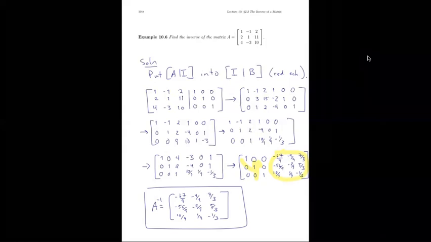For 3x3 matrices, we'll have two 3x3 matrices together forming this single 3x6. For any n by n matrix we're looking for the inverse of, we'd have an n by n here, and then another n by n here. So we'd have an n by 2n, 3x6, or 4x8, or 5x10 augmented matrix. And we just extract our other n by n matrix once we have an echelon form here.